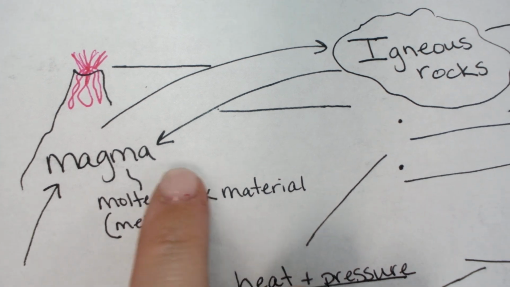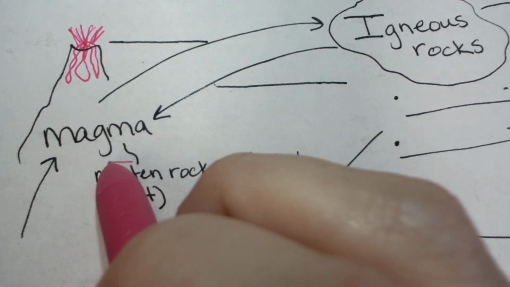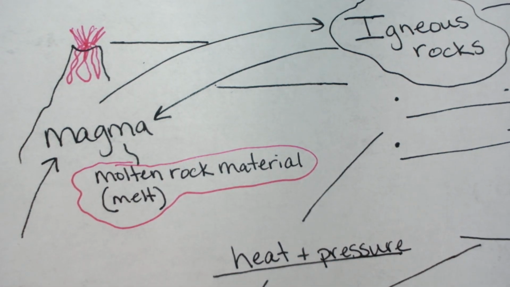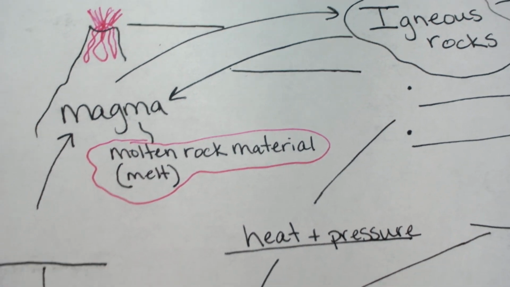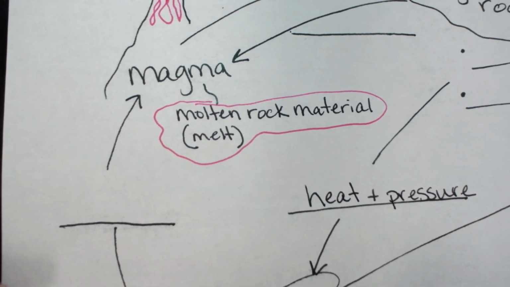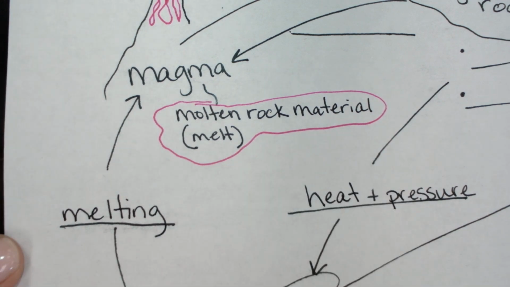You can also create magma. Magma starts deep within the earth. So we have molten rock deep within the earth. How do you get molten rock? Well, we have to melt it through the process called, you guessed it, melting.